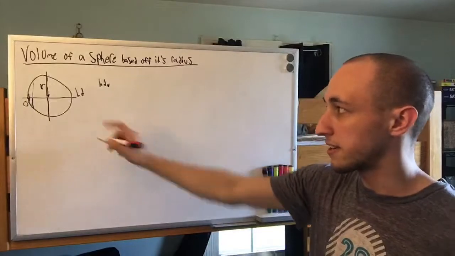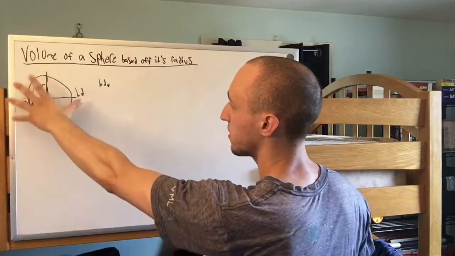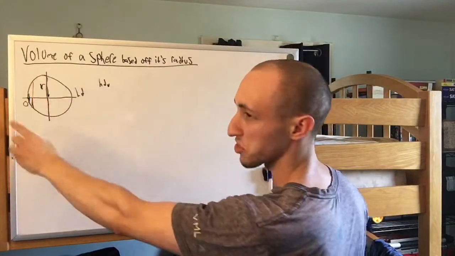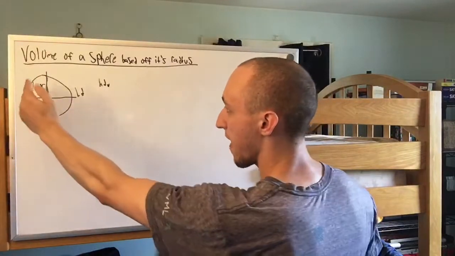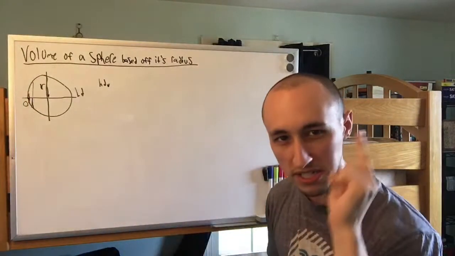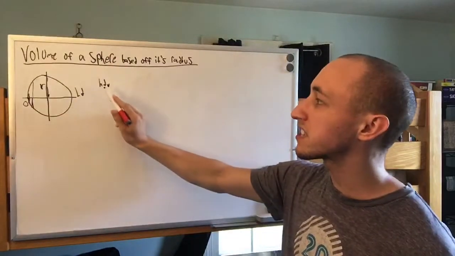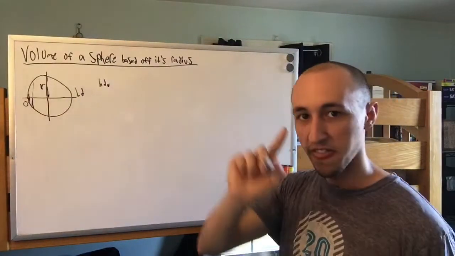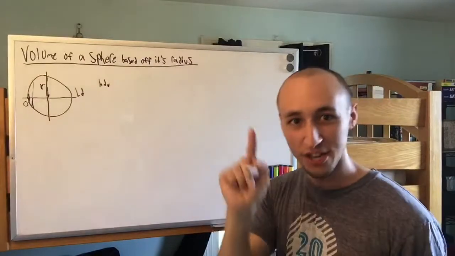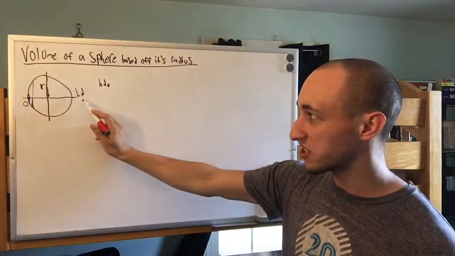So here's my idea. If we have ourselves a sphere, and we'll call its radius just r, okay? And if we can figure out what the cross-sectional area is with respect to HDV, then we can integrate from HDV equals 0 to HDV equals HD.